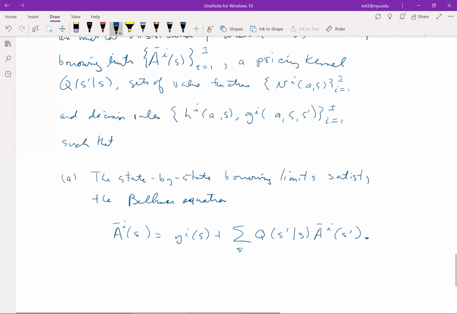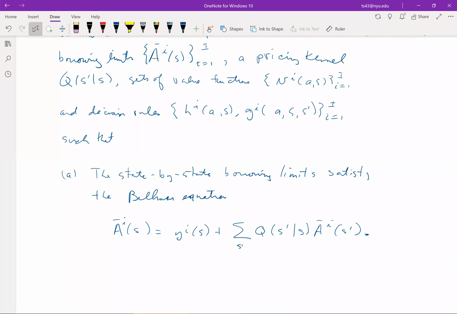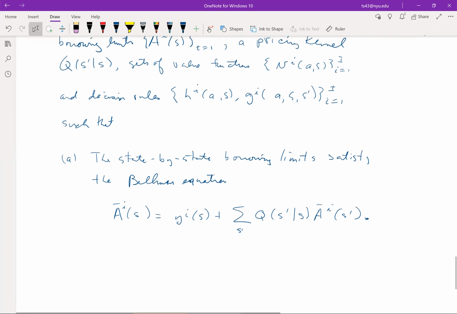So that itself is a Bellman equation of a sort. We have to solve that. We can think about solving it later.